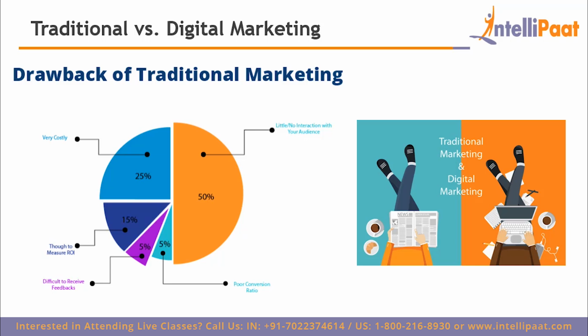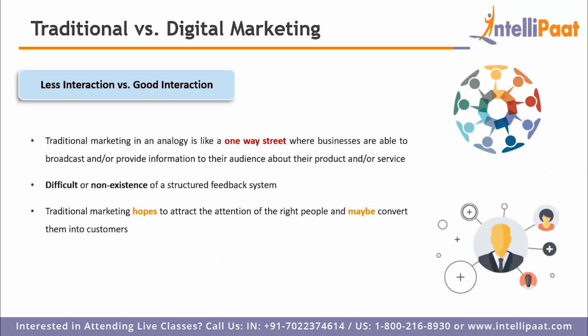In my opinion, that should be part of the 50%, because it directly affects the marketing scheme. And poor conversion ratio is another reason. Let's say 1 million people saw your ad, but then 10 people decided to call you. That conversion ratio is disastrous. So these are some of the reasons why traditional marketing fell.